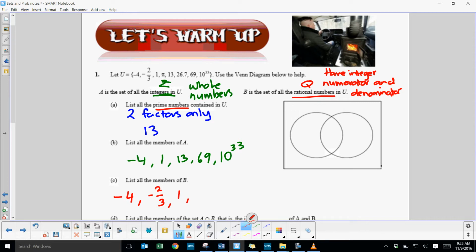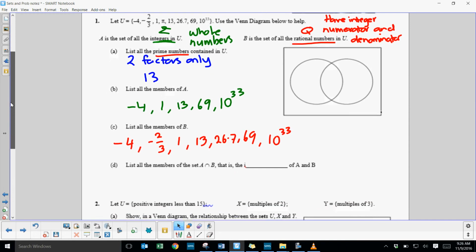Pi is irrational, so it's not going to be a rational number. 13 is rational, 26.7 is rational, it's got a terminating decimal, 69 is rational, and 10 to the power of 33 is rational. So that's a pretty open set, and it includes all of the numbers in U, you might have noticed, except for pi, because pi is the only irrational number in that set.